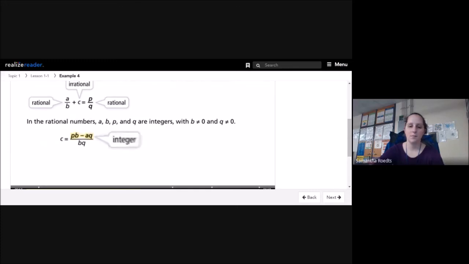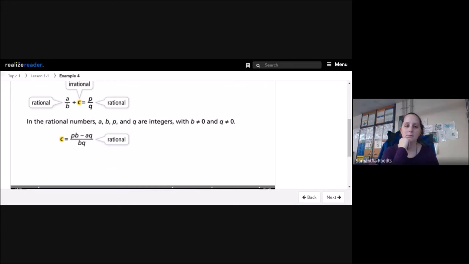In the equation, the numerator is an integer because it is a combination of integers by multiplication and subtraction. So P times B minus A times Q is an integer, and B times Q is an integer not equal to 0. Therefore, (P times B minus A times Q) divided by (B times Q) is a rational number. This is equal to C.